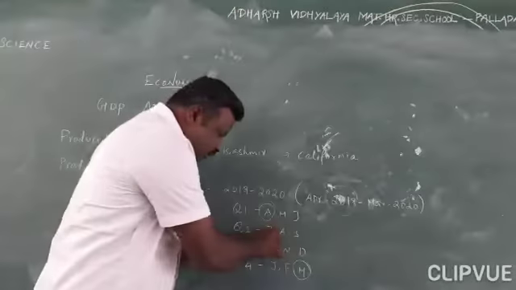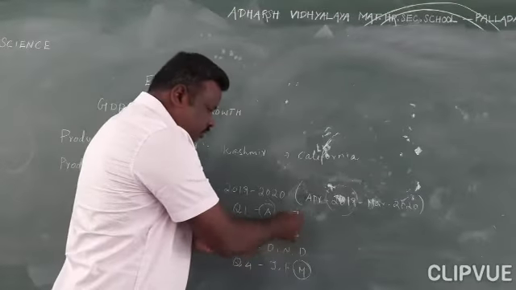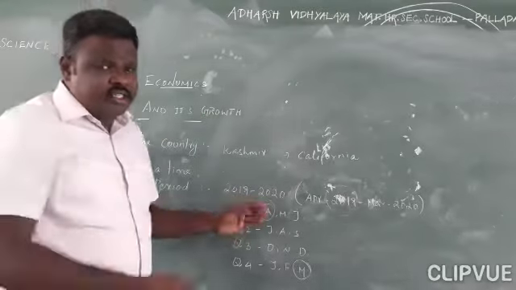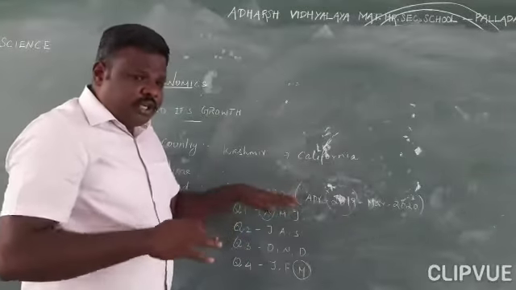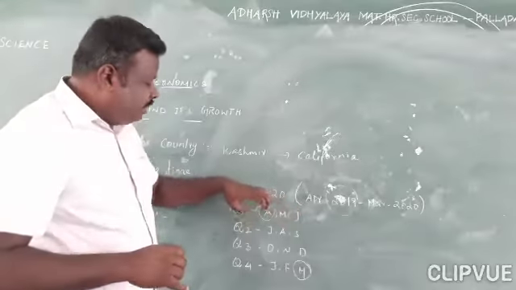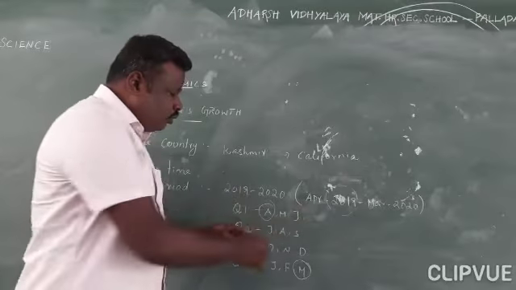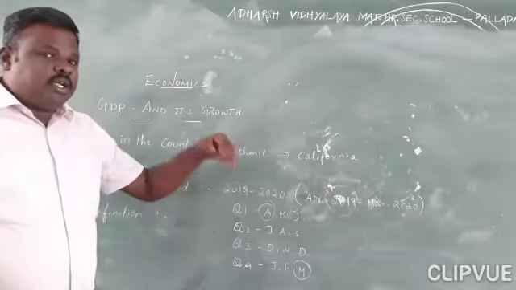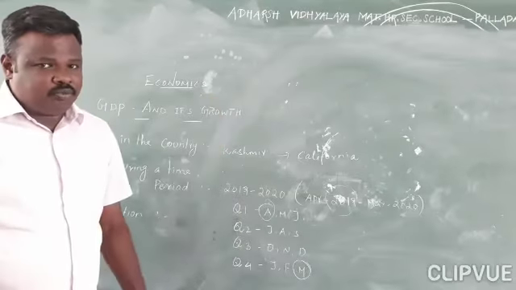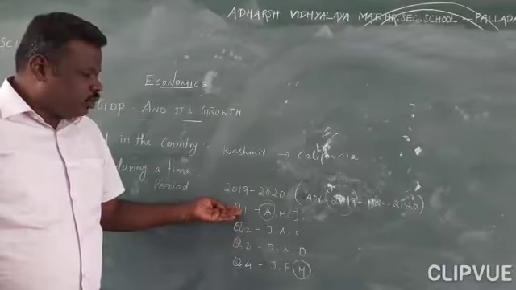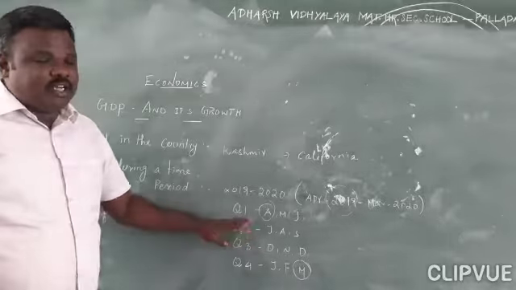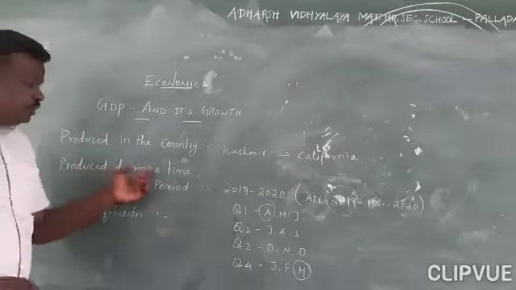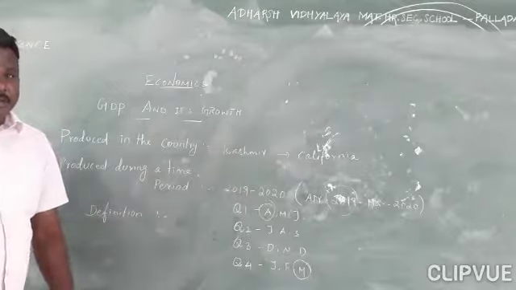Only during the particular period of those three months will that particular GDP be added. Okay, so first quarter product will not be added in the second quarter time. Okay, so this is about produced during a time period.